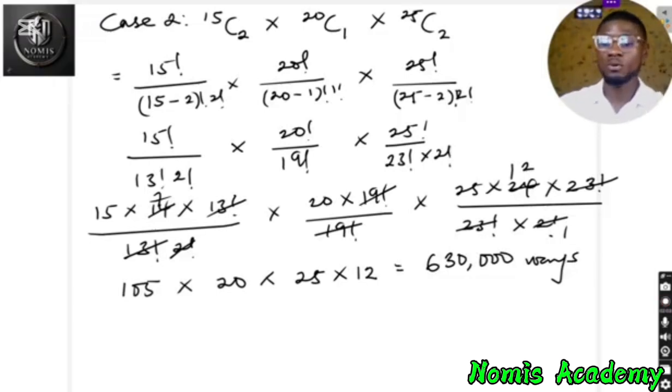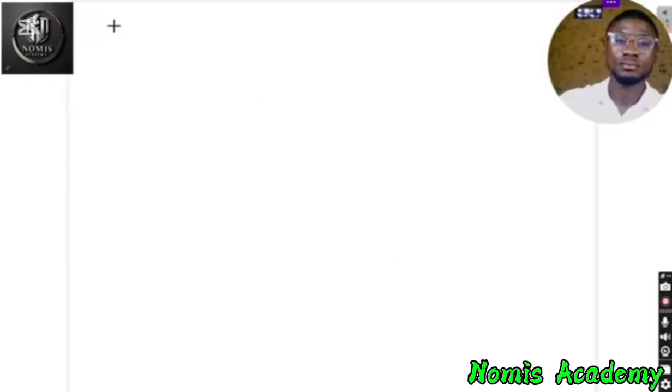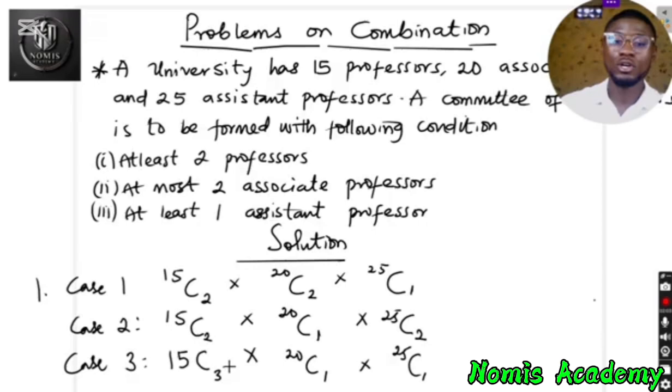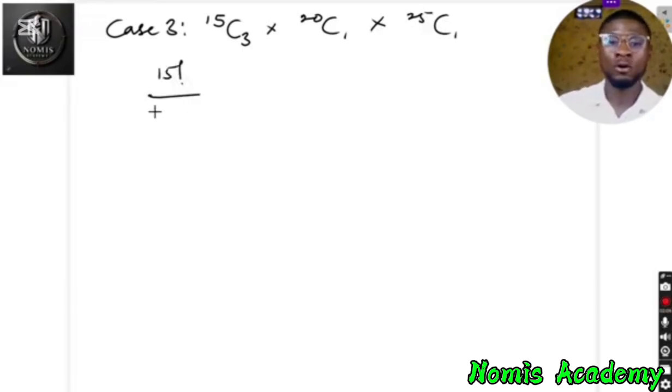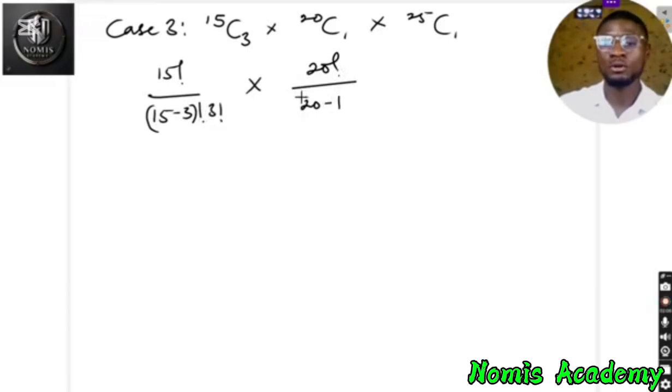So let's consider case number 3. Case 3 says 15 combination 3 multiplied by 20 combination 1 multiplied by 25 combination 1 to make up. So this is the third case. So we have 15 factorial all over 15 minus 3 factorial, 3 factorial, multiplied by 20 factorial all over 20 minus 1 factorial, 1 factorial, multiplied by 25 factorial all over 25 minus 1 factorial, 1 factorial.